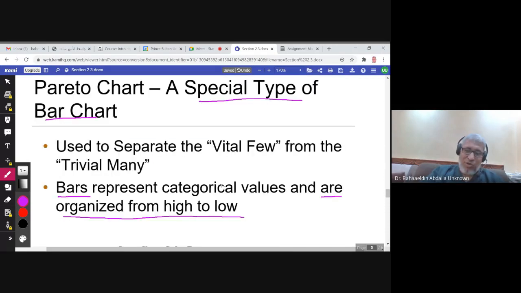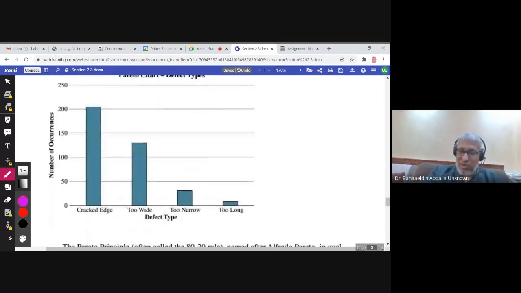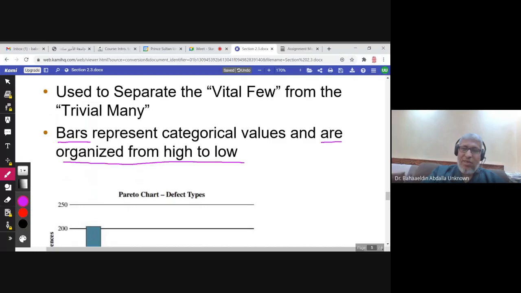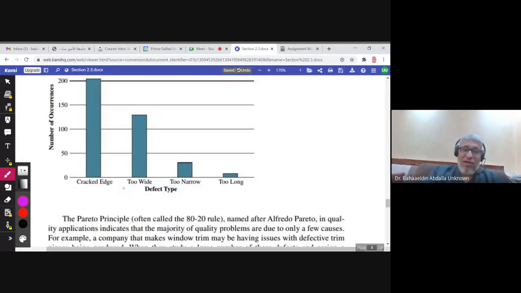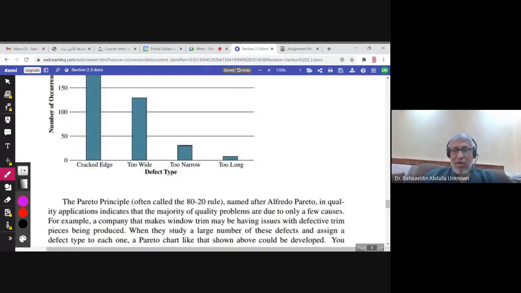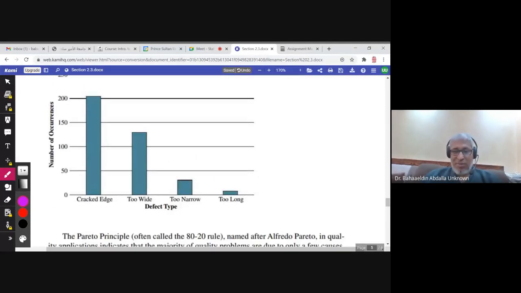Arranging the bars like this enables you to concentrate on the vital few. Vital few means the most important factors. And you leave the trivial many, because sometimes you have a lot of factors or types, and really the most important types are this one, the cracked edge, and the too wide.